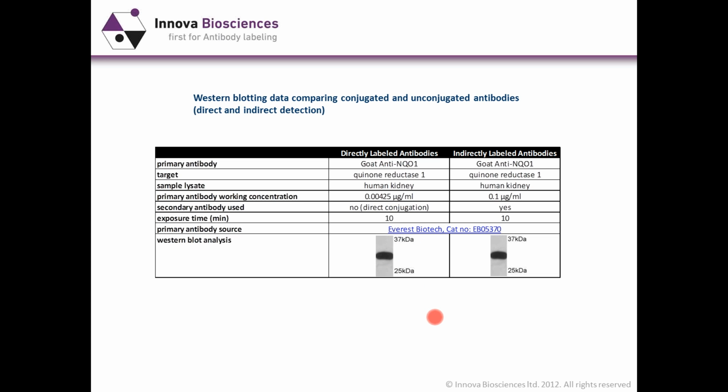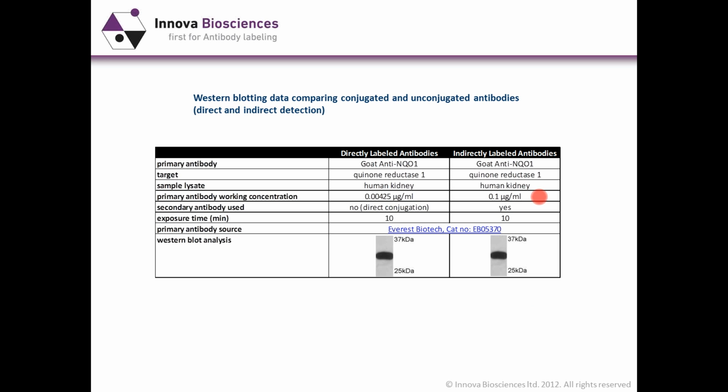Exactly the same antibody has then also been used, but in a typical 2-stage secondary antibody approach. Here the primary antibody has been used actually at nearly 25 times higher concentration, and a secondary antibody has been applied afterwards.